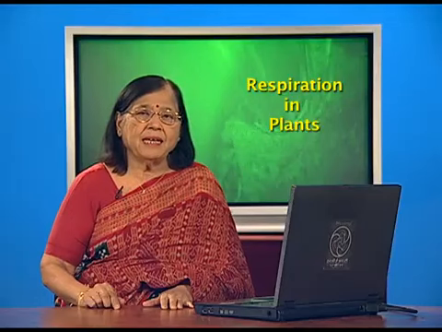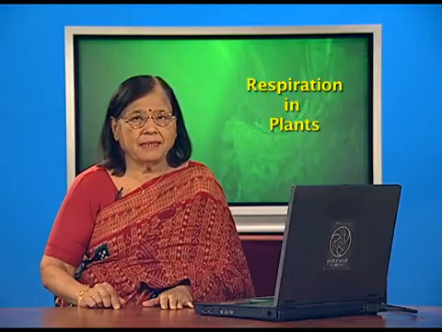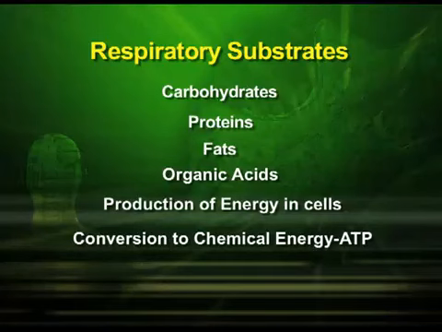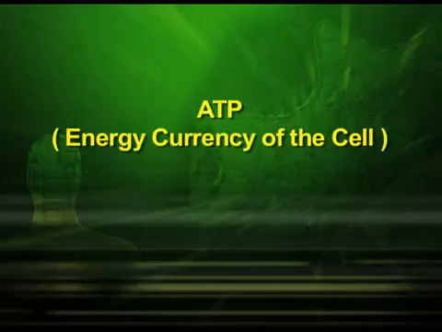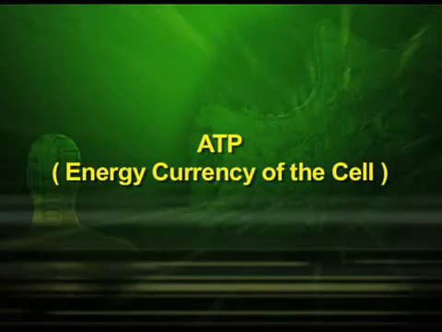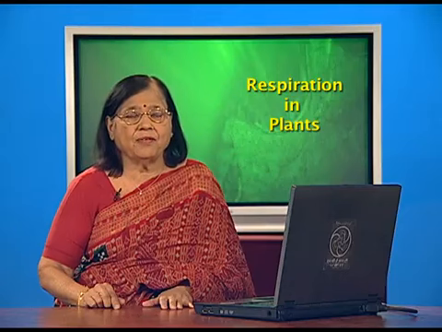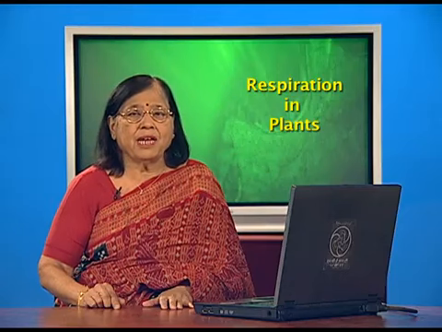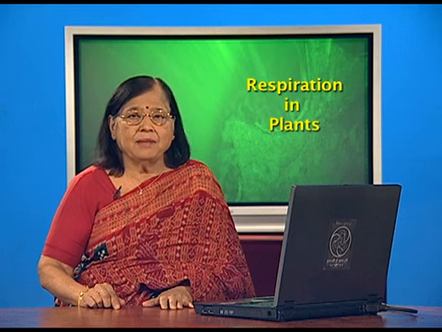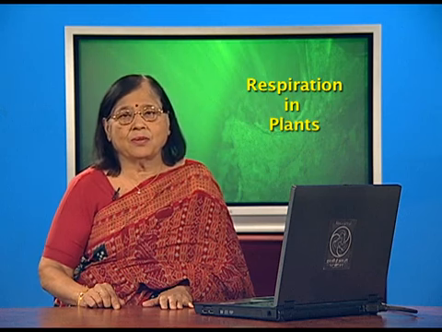Production of energy basically takes place in the cells and it is converted to chemical energy, ATP, which is also known as the energy currency of the cell. You are aware of the fact that we require energy between meals also.